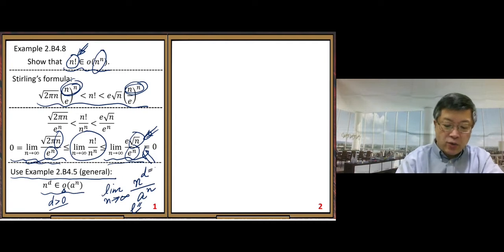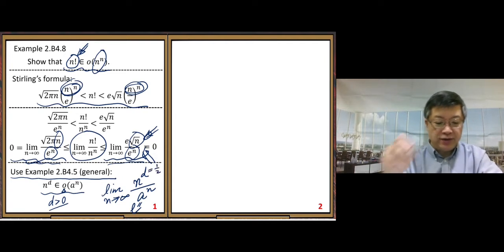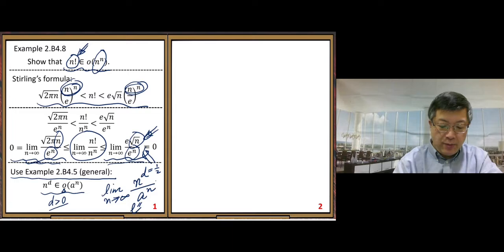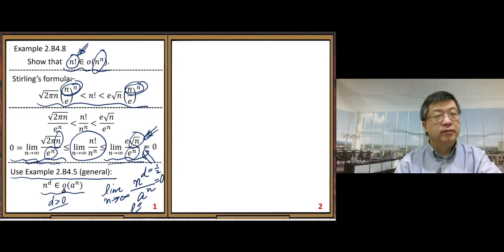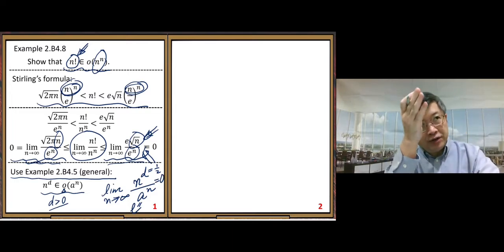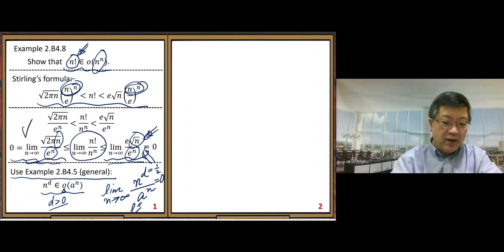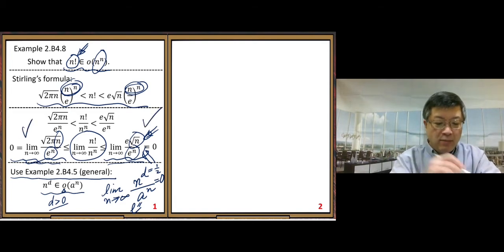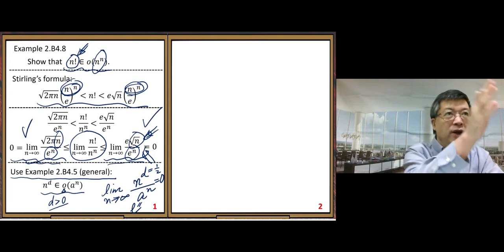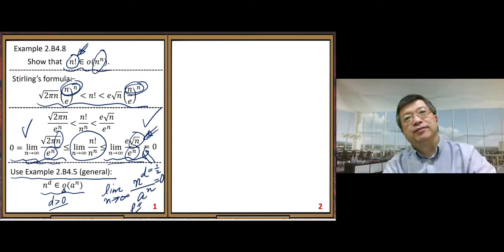Our d equals 1/2, square root. This limit equals 0. Little o tells us the limit is 0. With that, you get both upper bound, lower bound side, the limit is 0.